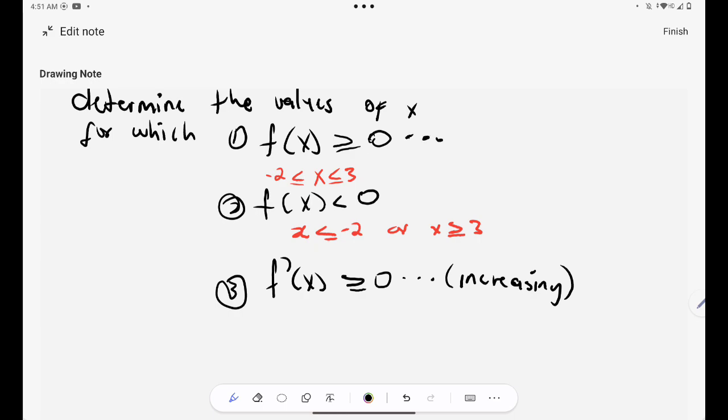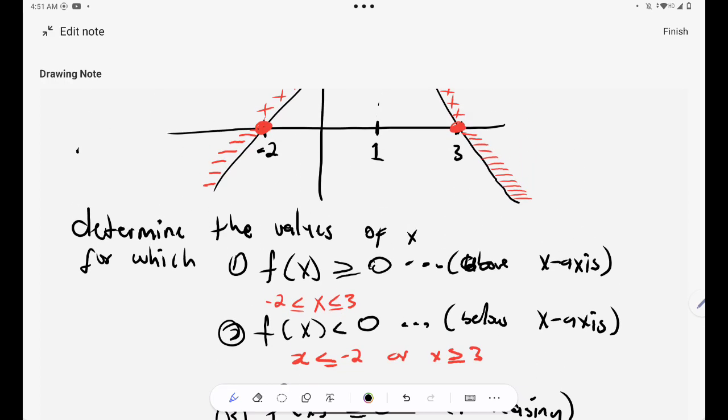There, this thing simply means above the x-axis. This one below the x-axis, okay?